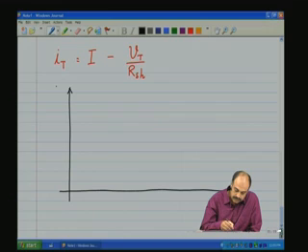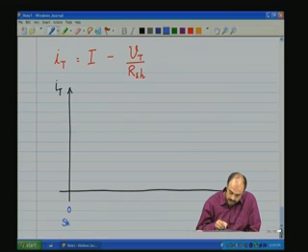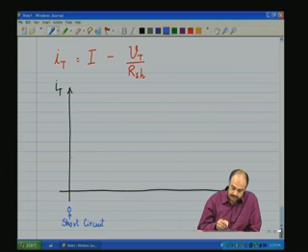The y axis is IT. When Vt is 0, that is short circuit condition, this portion, Vt by R shunt, is 0 because Vt is 0. I terminal is same as I.